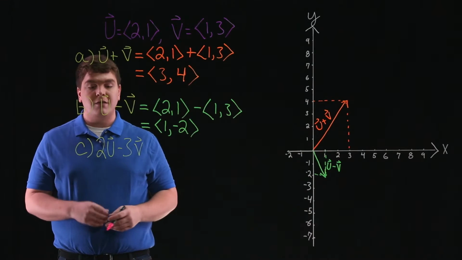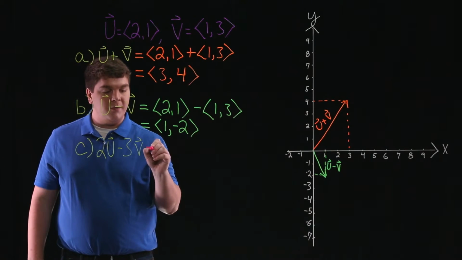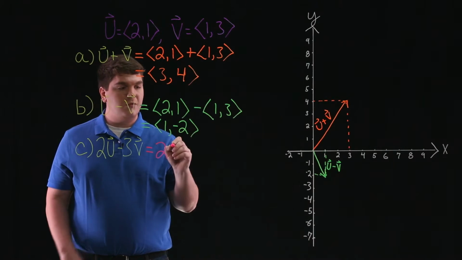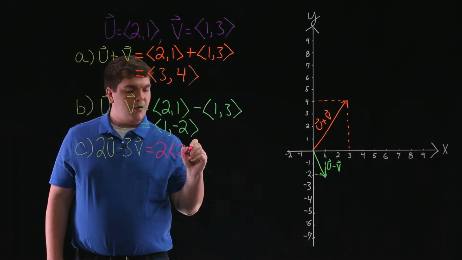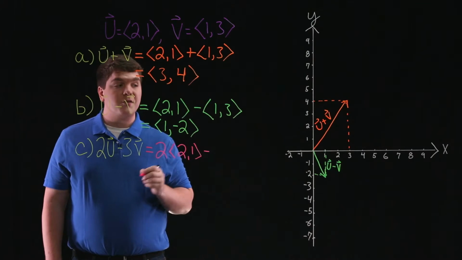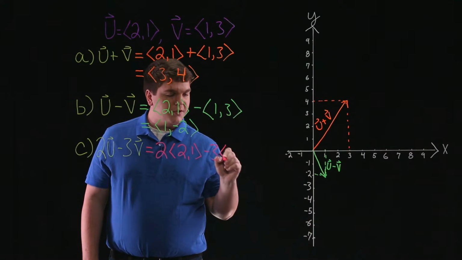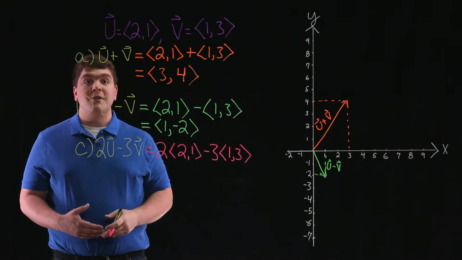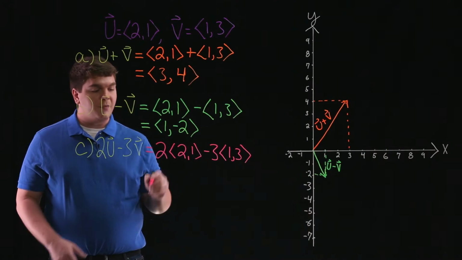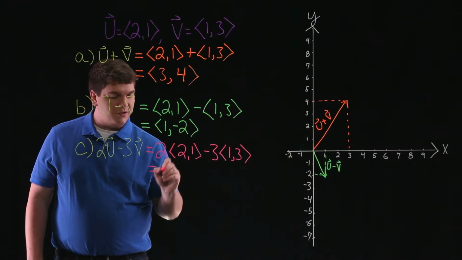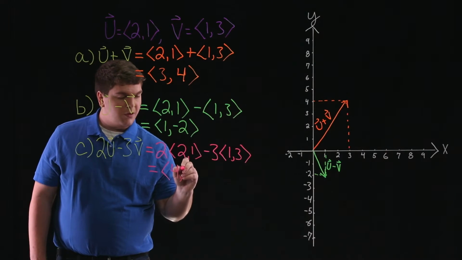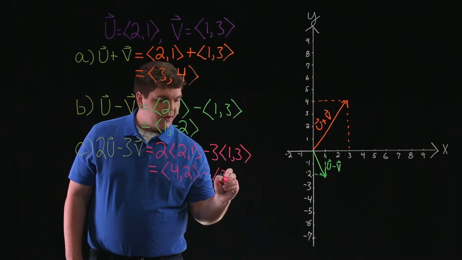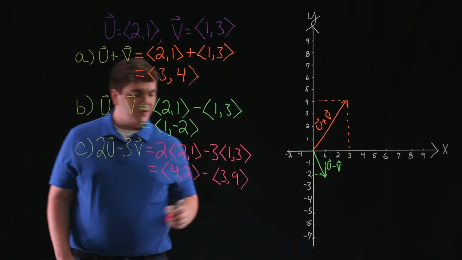Finally, for part C, to find 2u minus 3v, this vector is equal to 2 times our vector u, which is 2, 1, minus 3 times our vector v, which is 3 times the vector 1, 3. And here we can use our properties of scalar multiplication, and we know that this is going to be equal to the vector 4, 2, minus the vector 3, 9.